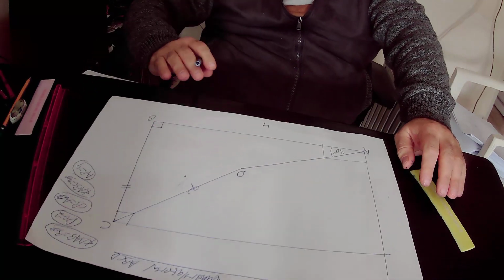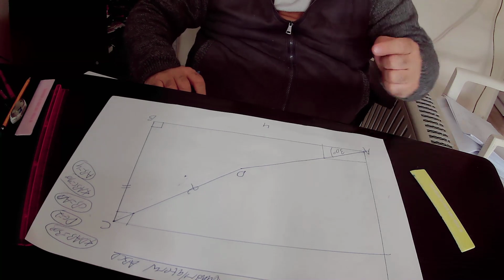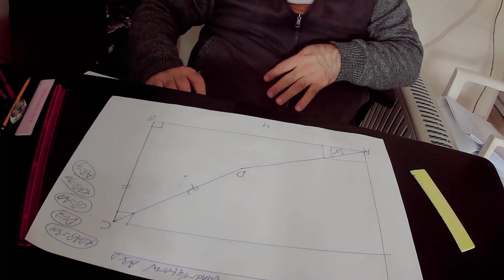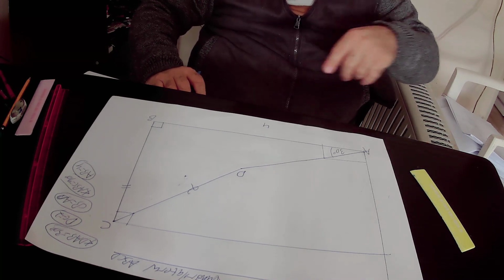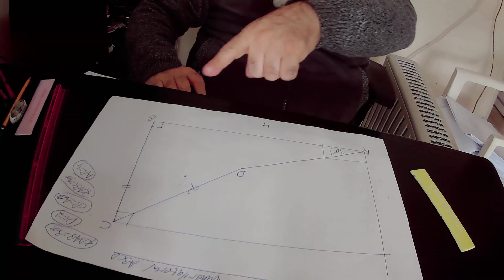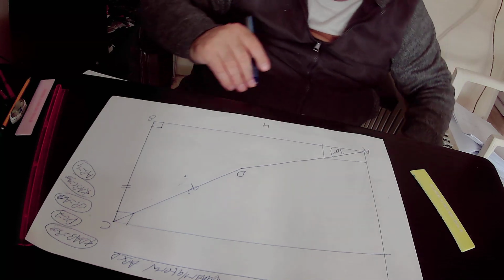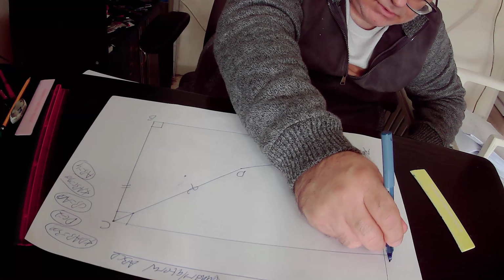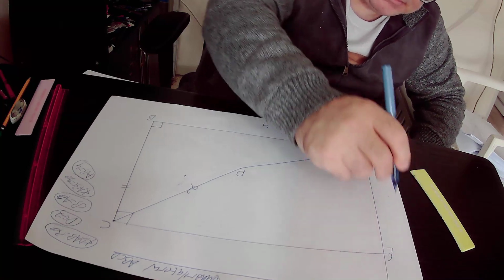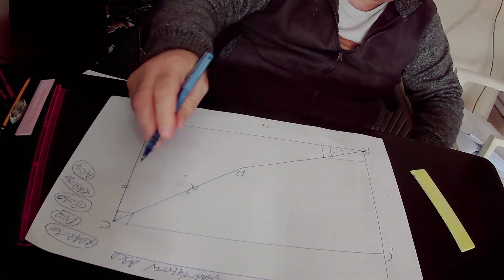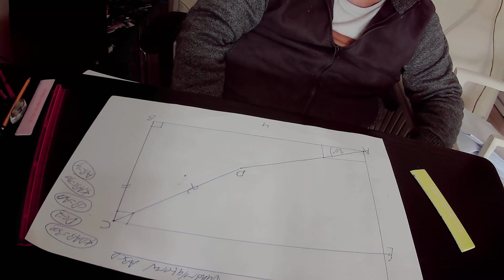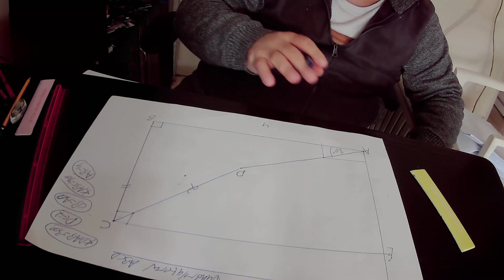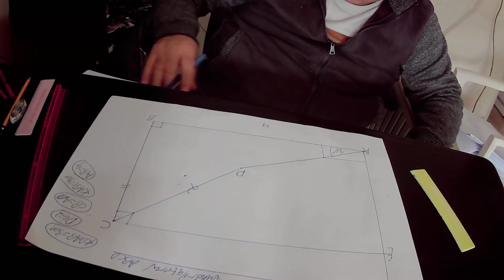And we will define the intersection point between the perpendicular from A and the perpendicular from C as point E. Point E is the intersection point between the perpendicular from point A and point C. So here we actually created quadrilateral ABCE.